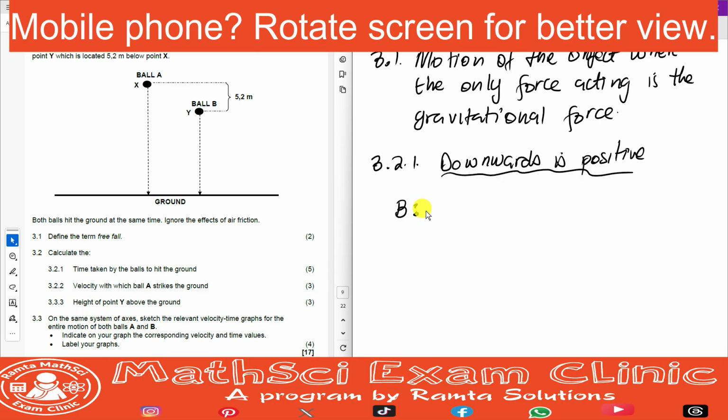I will choose delta Y equals VI delta T plus half A delta T squared. This delta Y is the downward motion, so the distance, let's just call it y. The initial velocity is 0.